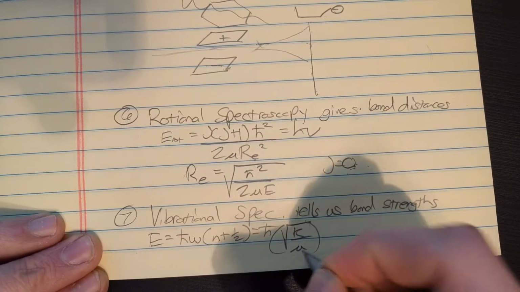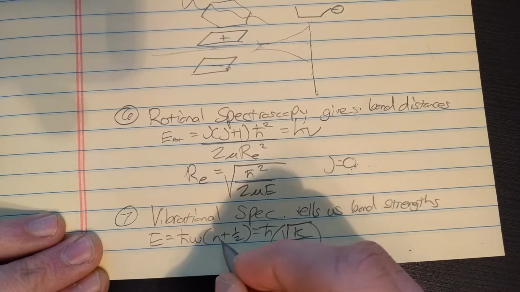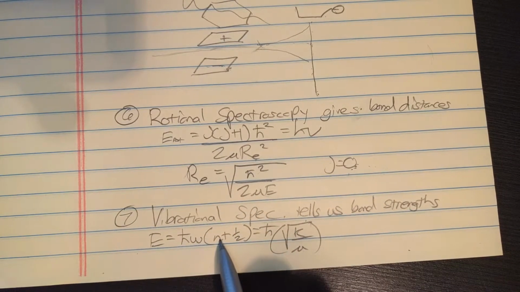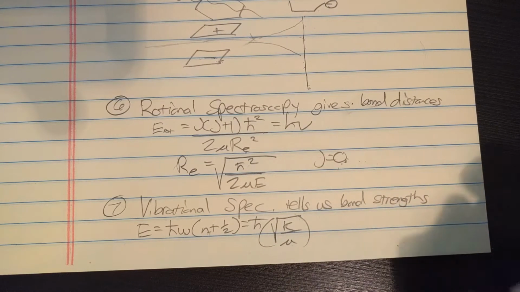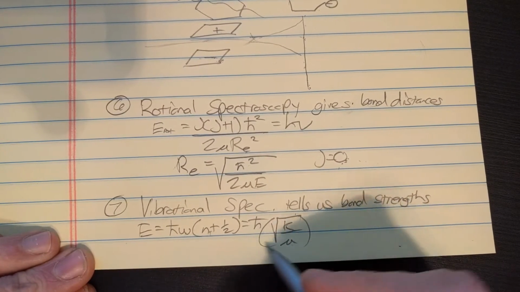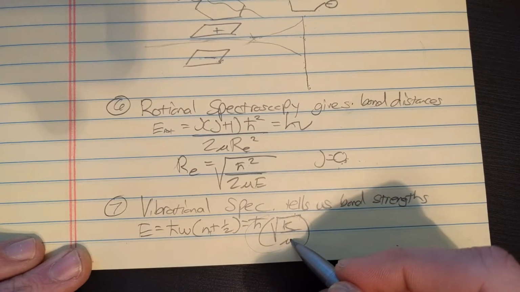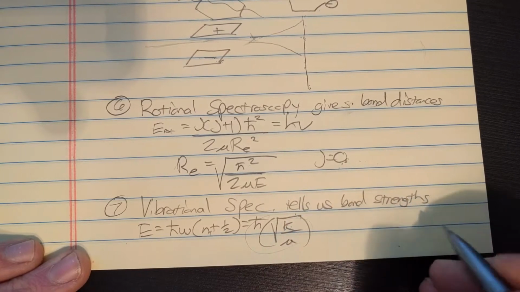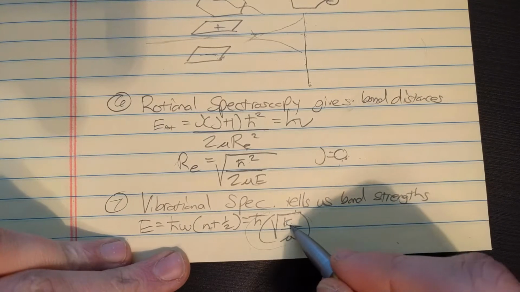Mu is the reduced mass, same as that mu. And let's say you're in the ground vibrational state, which is very accurate at room temperature, so like 70 degrees Fahrenheit. So your energy will be something like this. And you know how much your atoms weigh, so k basically gives you an idea of the bond strength. And different bonds will have different k's.